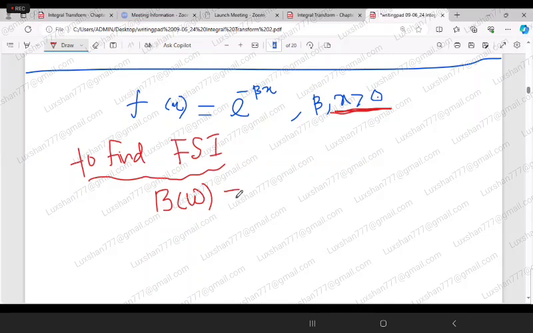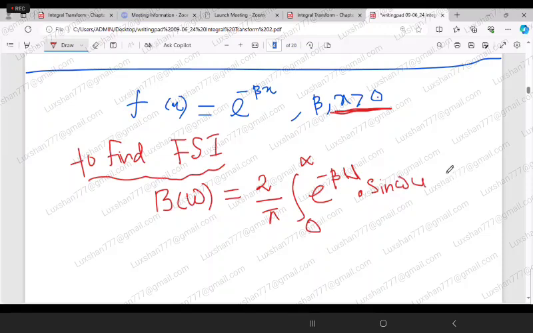So b omega is equal to 2 over pi times the integral from 0 to infinity of e to the power minus beta u, replacing x by u, into sine omega u du.